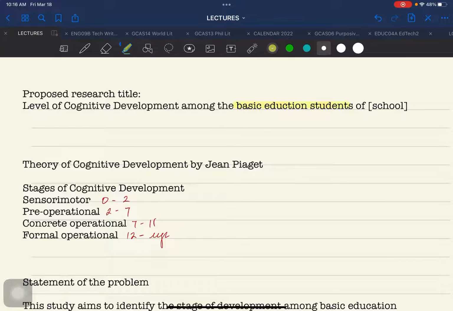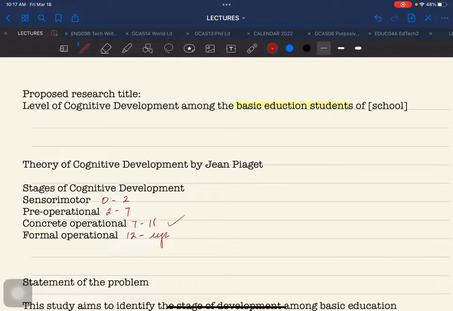So if I use kindergarten as my respondents and I discovered that my kindergarten students are already in the concrete operational stage, this is going to be very significant to the school, because this means if the kindergarten students were identified as concrete operational, they already belong to the 7 to 11 years old cognitive development. And this is very significant.